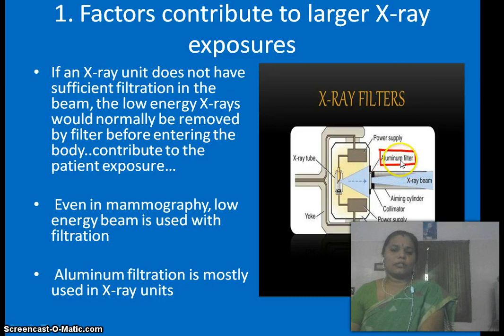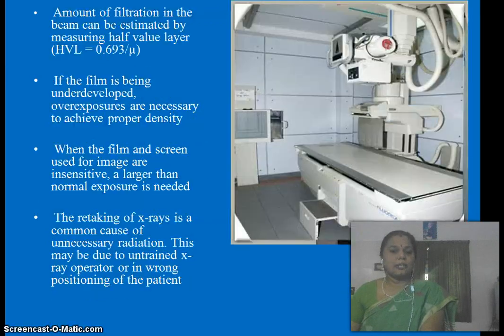What is the role of this filter? This filter always filters the low energy X-ray beams which are unnecessary radiation for the patient. But exclusively in mammograms, these low energy X-rays are used to trace the image of breast cancers. But here, though the energy is low, the filter should always be used so that we can avoid some unnecessary radiation exposed to the patients.